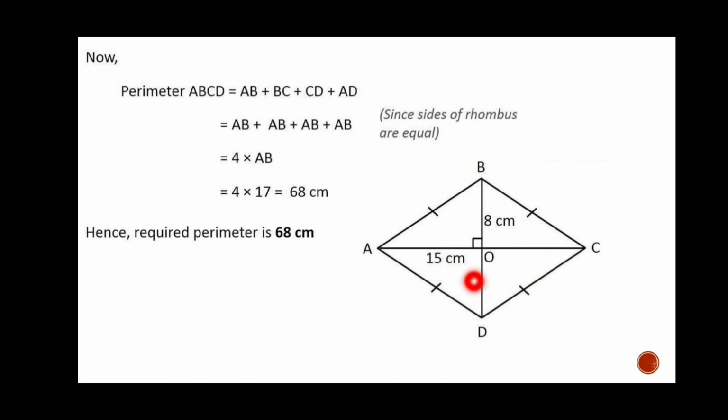As we know, perimeter is always the sum of all the sides. But it is a rhombus and we have learned that all the sides are equal. So we can multiply it by 4. 4 into AB. So 4 into 17 is 68 centimeter. So the required perimeter of this rhombus is 68 centimeter.